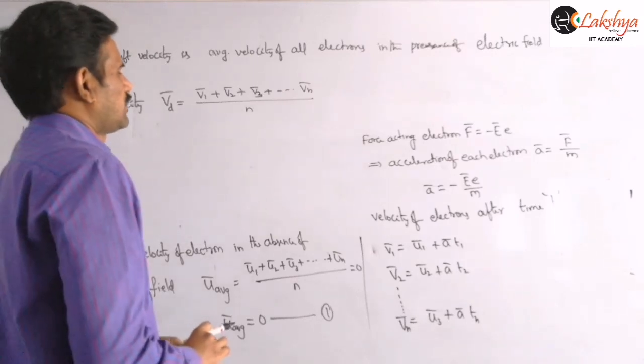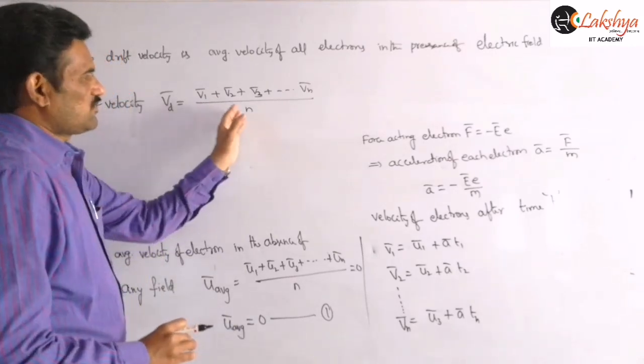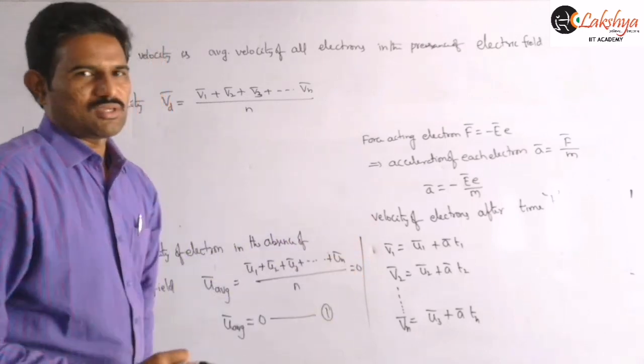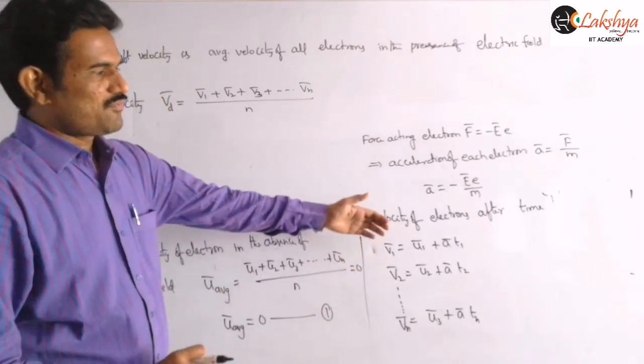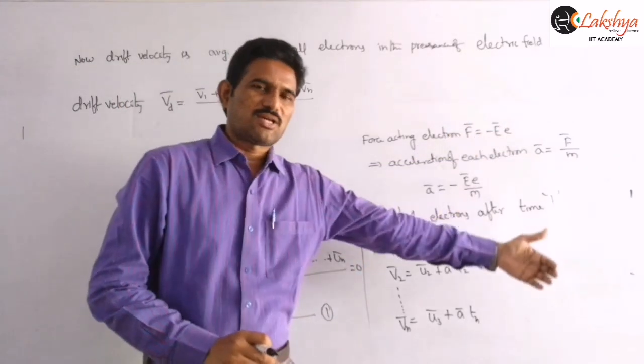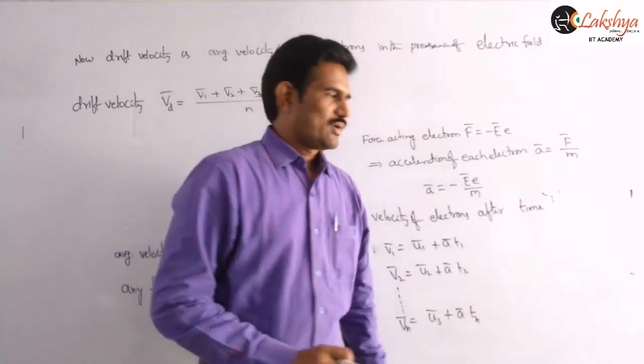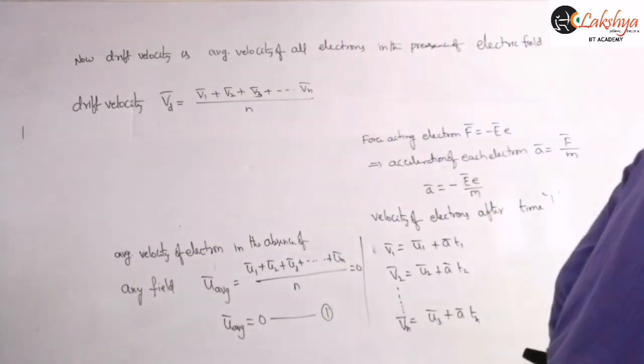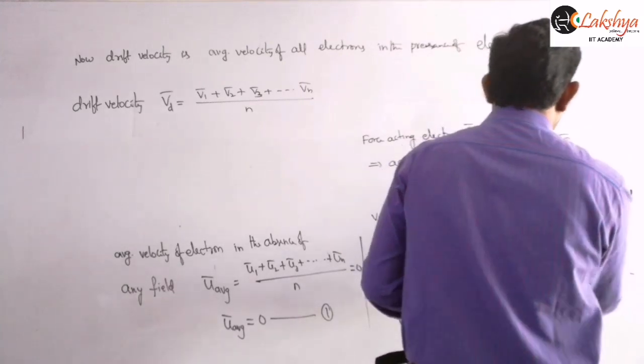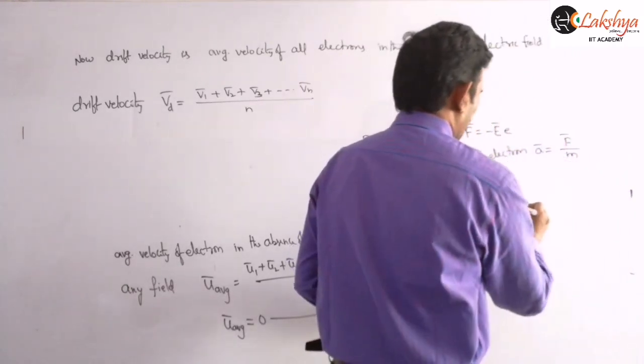These V1, V2, V3 and so on up to Vn are given by the velocities of the electrons after some time. We are not taking the same time interval for each of them, and you will get more clarity about this.